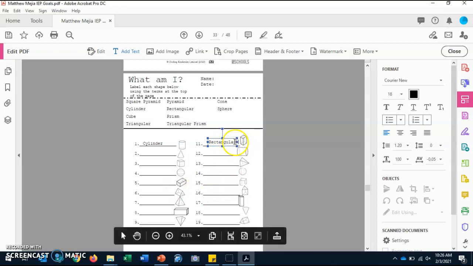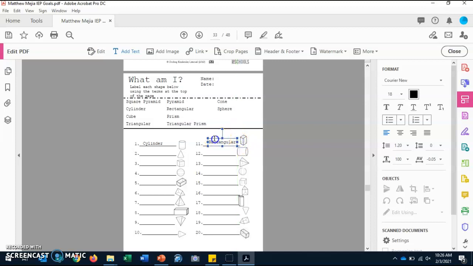Let me make this smaller. We know it's a rectangle, so it's rectangular. However, do we know if it's a pyramid or if it's a prism? Yes, good job. It is a prism because not all the edges are coming together at the top. So this is a rectangular prism.